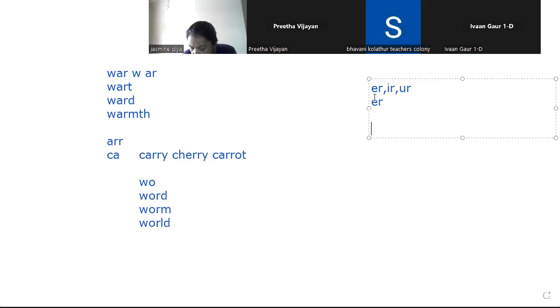And also, any word ending with the soft C cannot have... for example, the word manage. From manage, the word will be manager. So can I have IR or UR there?